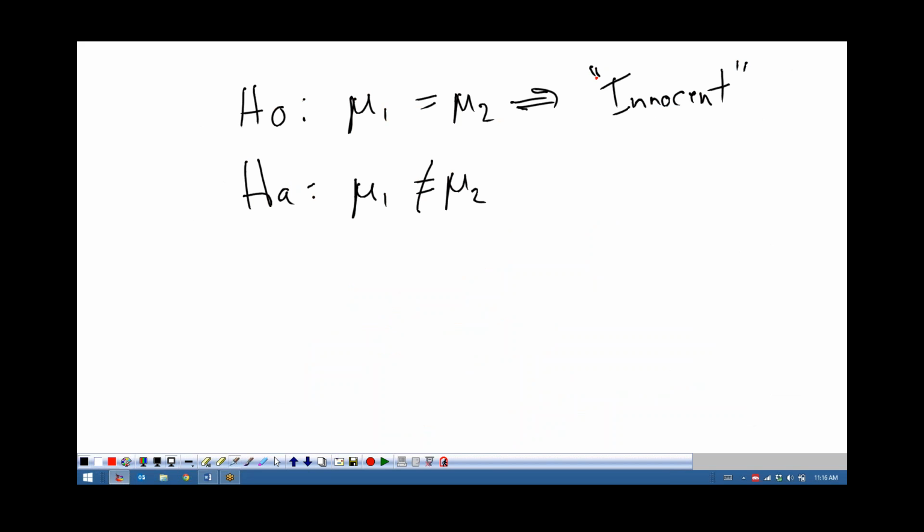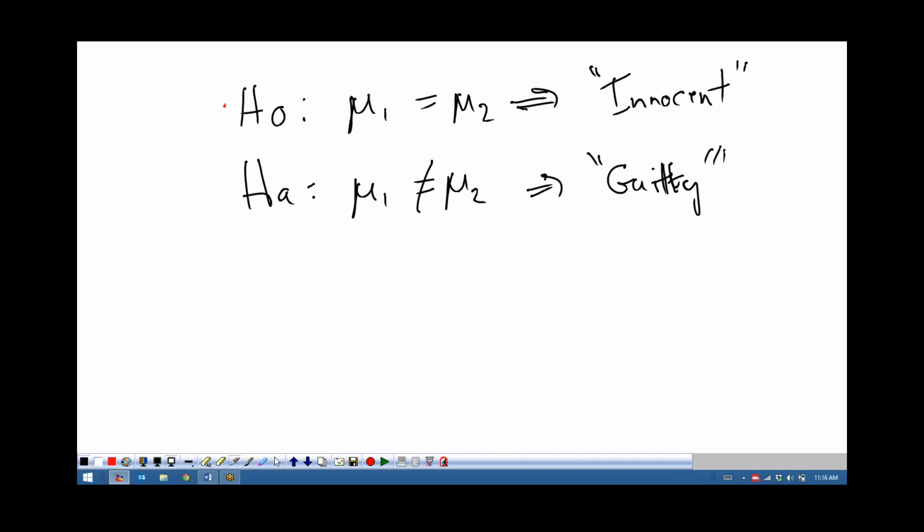The person didn't commit the crime. It's a nothing, right? Versus guilty. The way that hypothesis tests work are exactly the way our courts of law work. We assume what until what? Innocent until proven guilty. Innocent until proven guilty.